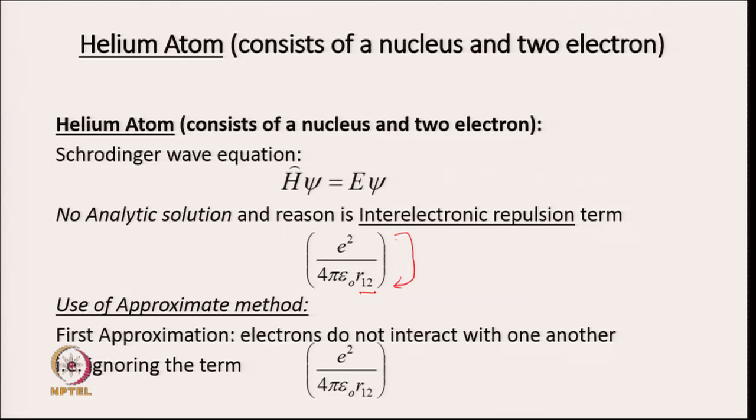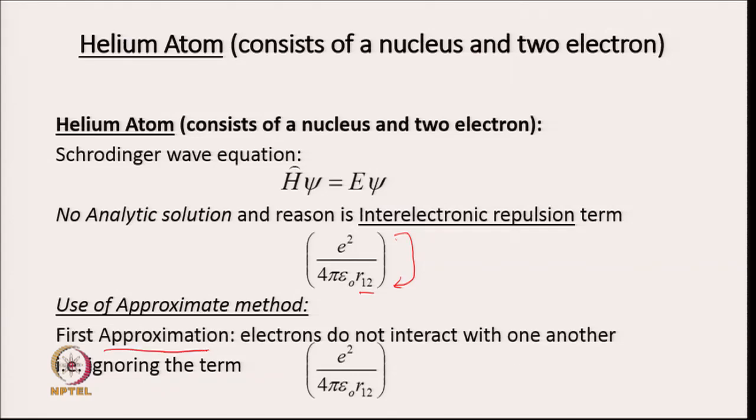So, what we generally do is use different methods to calculate the energy of different levels associated with the helium atom. One of the most common methods is the approximate method.